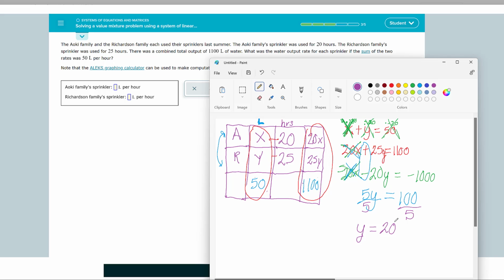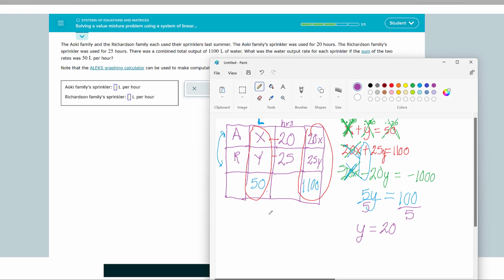Okay. Now that we know our y, we can do something with this. We know, since we know that y equals 20, we also know that there was a rate of 50 liters per hour. So how can we find our x? Well, it's not that hard.